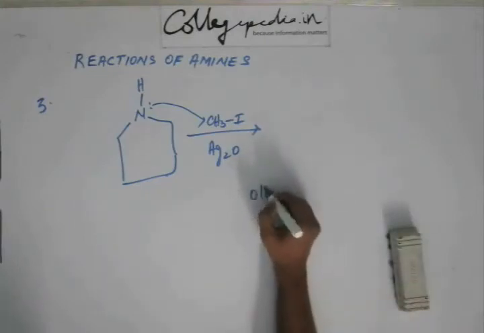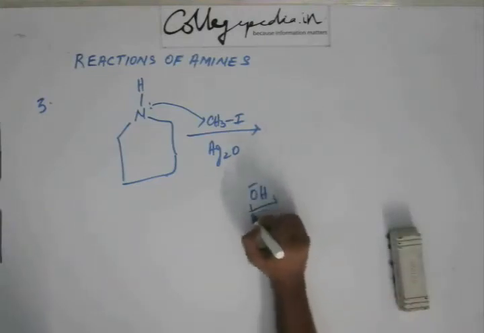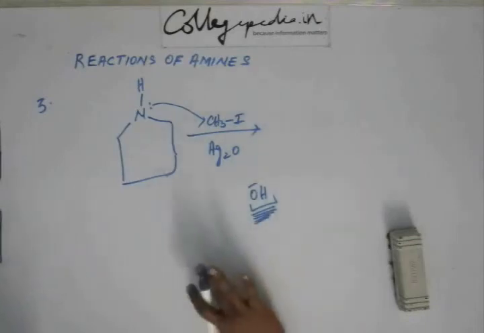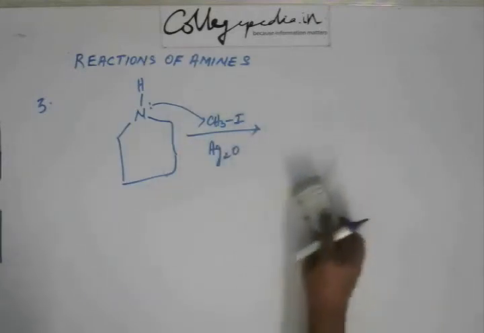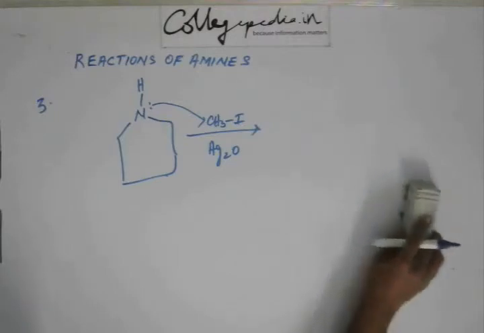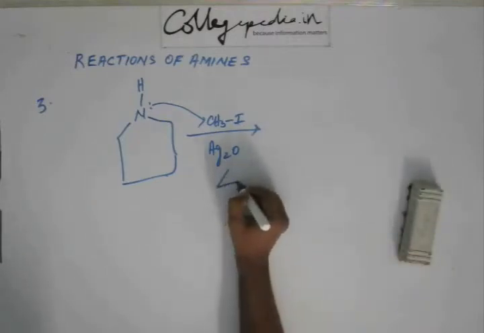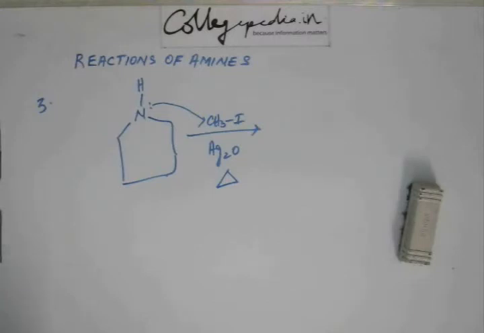When it breaks down, it generates hydroxide ion. That's the thing here. So this Ag2O is just added for the purpose of hydroxide ion. And one more thing, we are also adding heat in this reaction. If we don't provide heat, then the rate of reaction will be very, very slow.